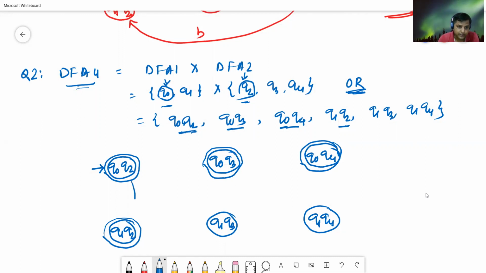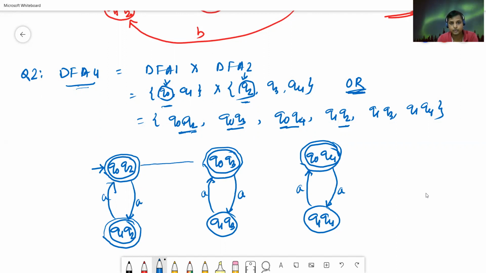So this one is the A. So Q0, Q3 read A, goes to Q1, Q3. Q1, Q3 read A, goes to Q0, Q3. Q0, Q4 read A, goes to Q1, Q4. Q1, Q4 read A, goes to Q0, Q4.